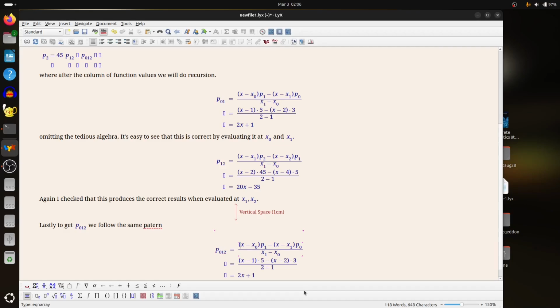P012 is x minus x0 times P12, the bigger indexes, minus x minus x0 times P01, the smaller indexes, upstairs x minus 1 times something.